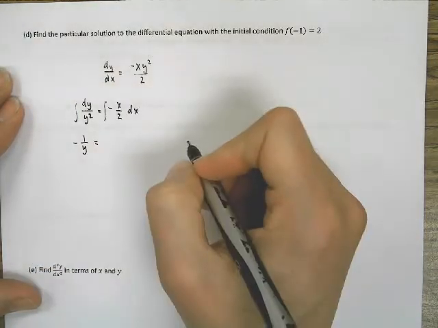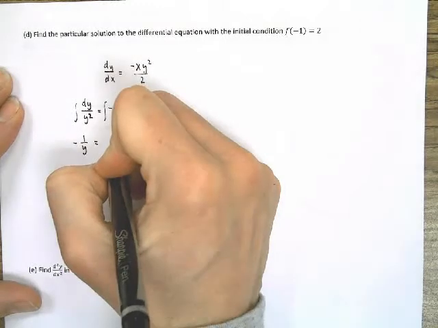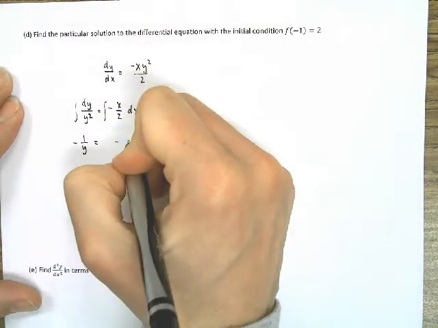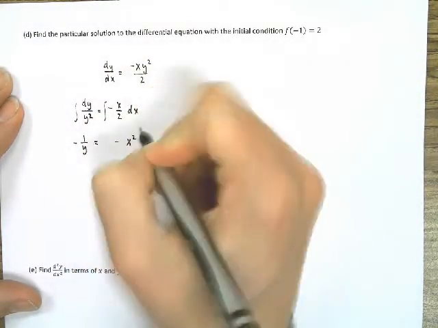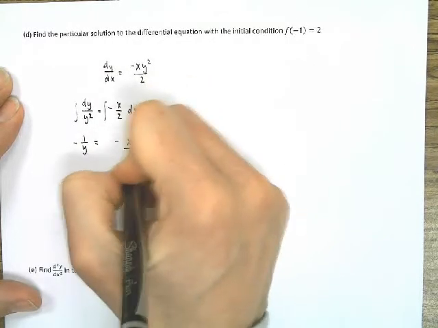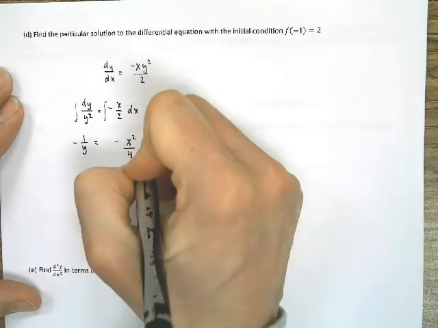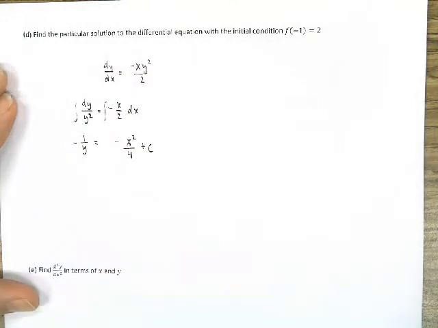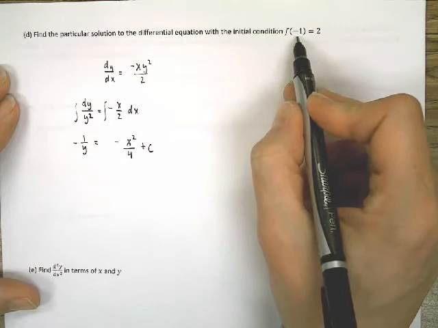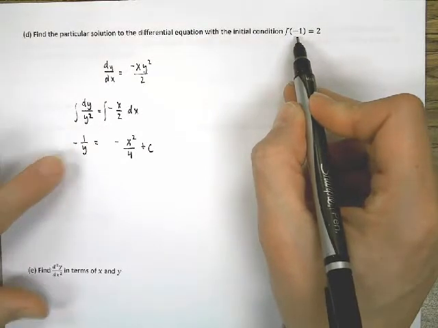On this side, I had negative x over 2, so now I'm going to have negative, let's see, this is going to be x squared. And I have to divide by 2 since there's already 2 there. I'm going to have negative x squared over 4, and then I need my plus c. Now I'm going to use my initial condition here to solve for c.